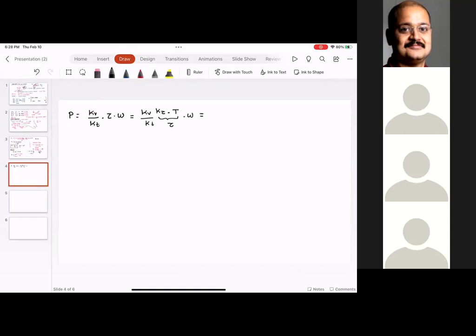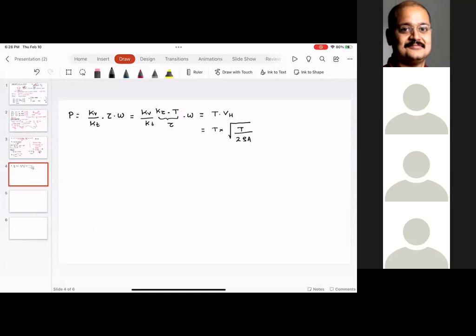That is equal to T times Vh, where T is the thrust, and the equation for Vh is square root of T divided by 2 rho A.